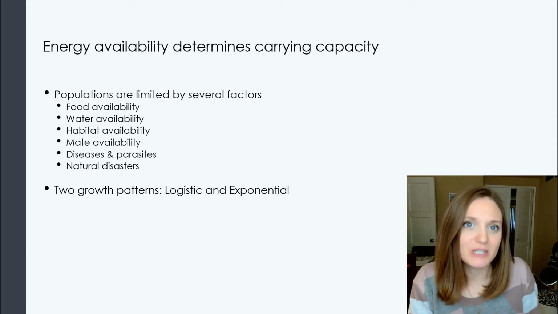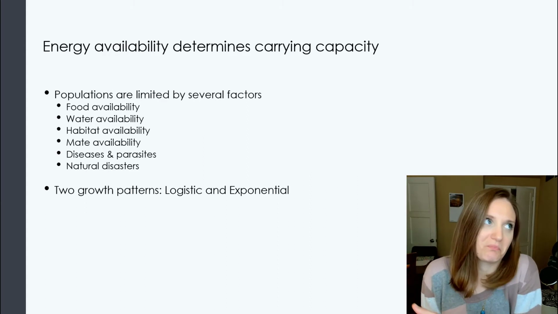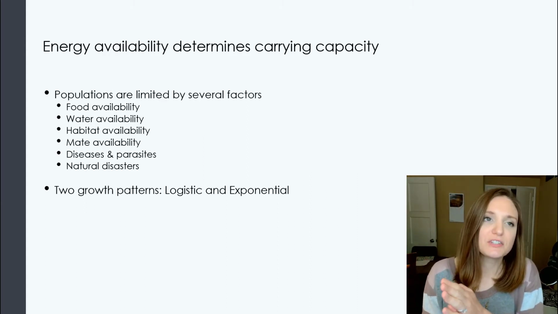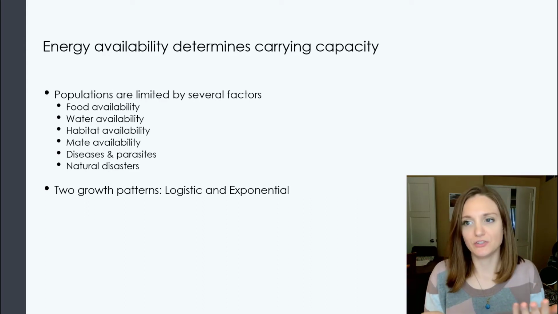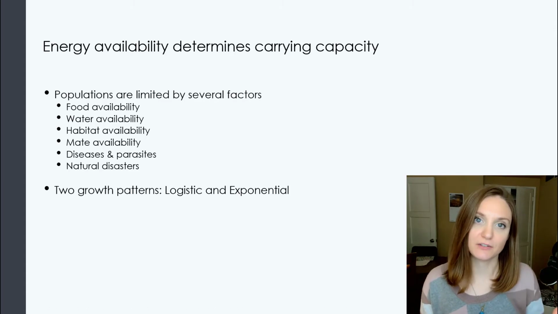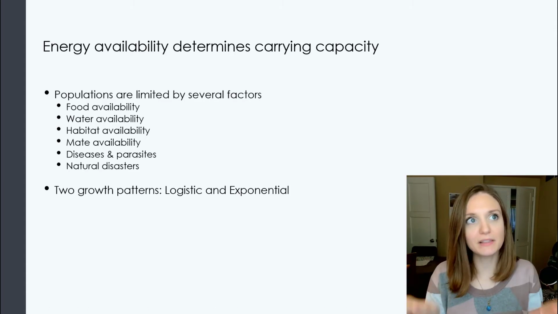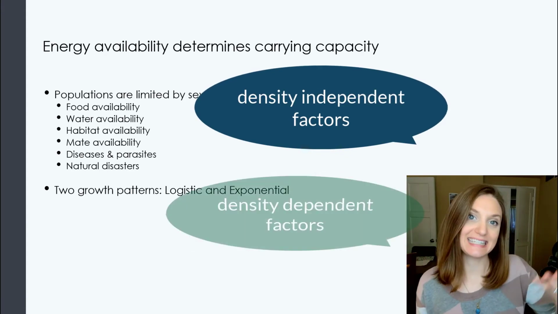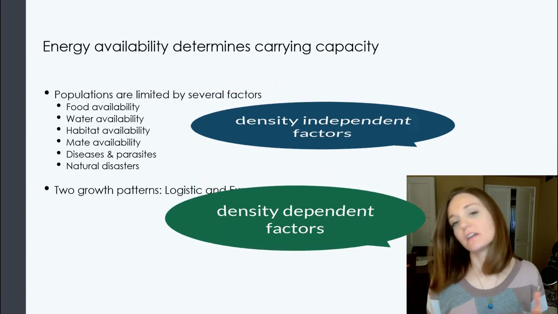Obviously, the amount of energy available is going to determine how many individuals can be in that population. Populations, we typically talk about populations being limited by environmental factors. And we kind of break these up into two different categories: density-independent factors and density-dependent factors.